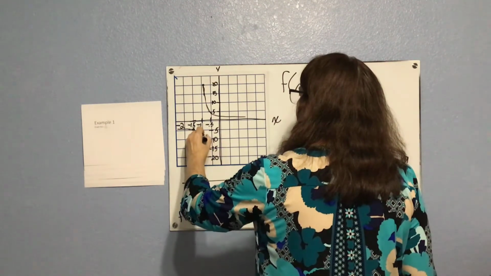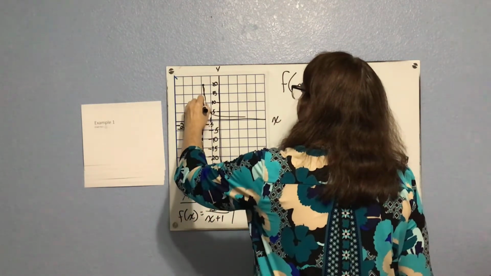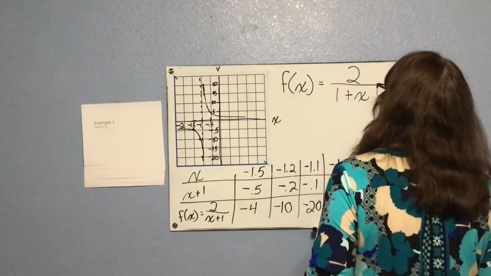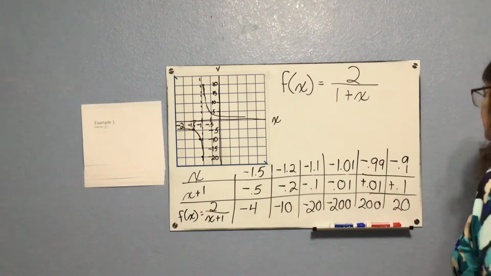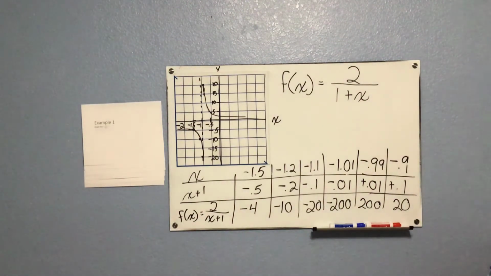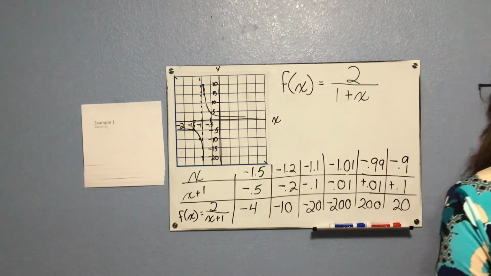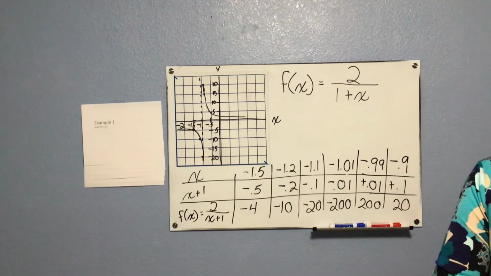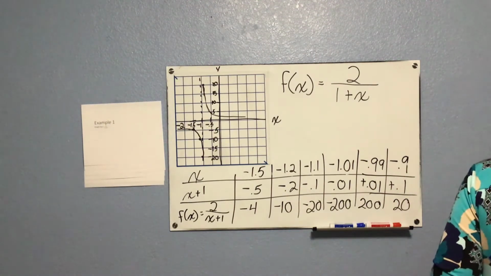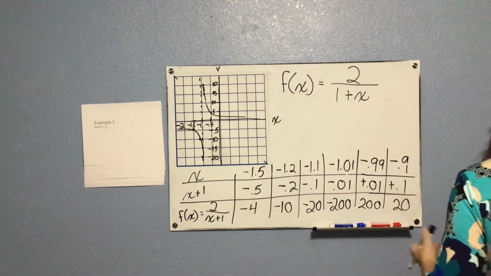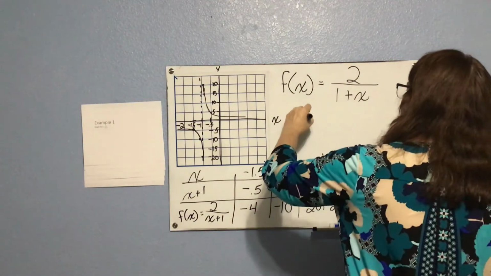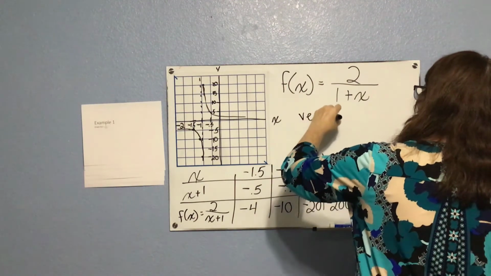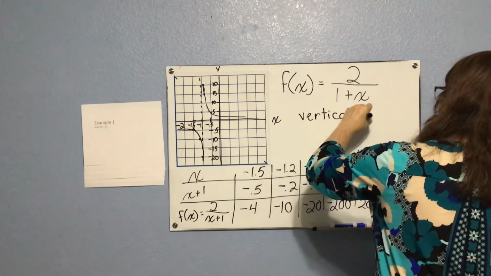The graph's not defined on the line x equals negative 1, because at x equals negative 1, the denominator would be 0. Okay, so this is generally what the graph looks like. And at a point where a number makes the denominator 0, but it doesn't make the numerator 0, we call that a vertical asymptote.